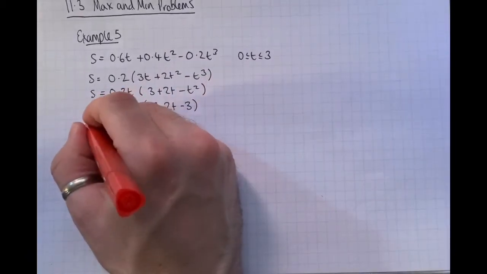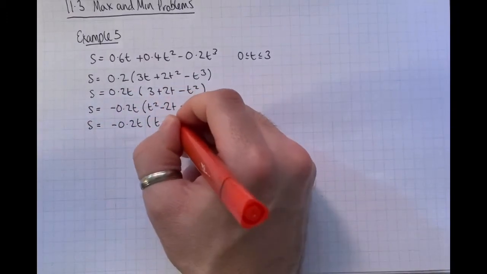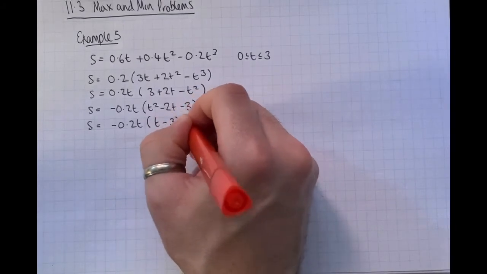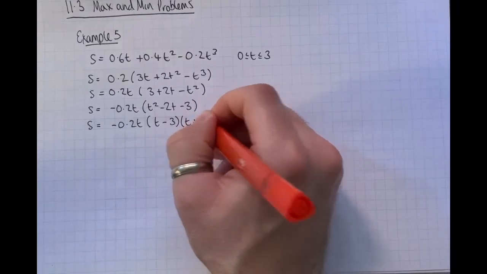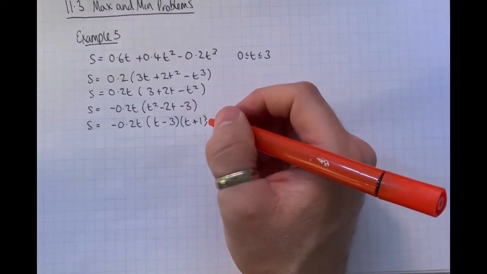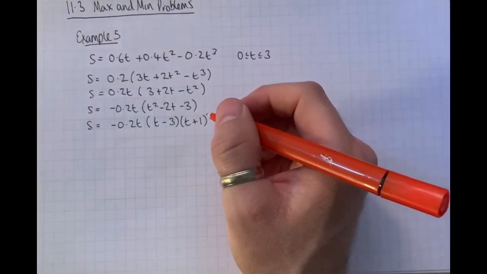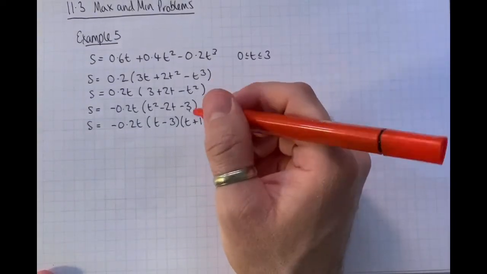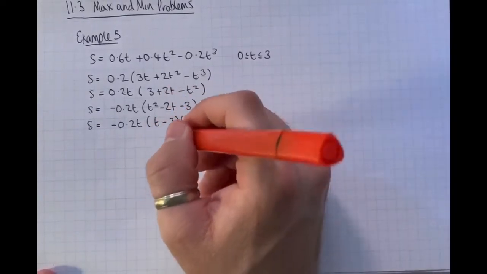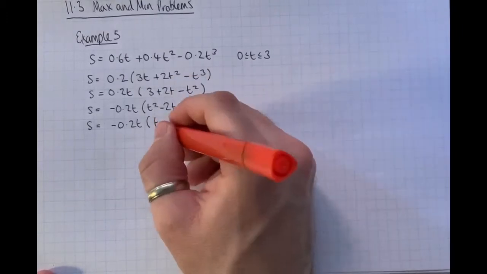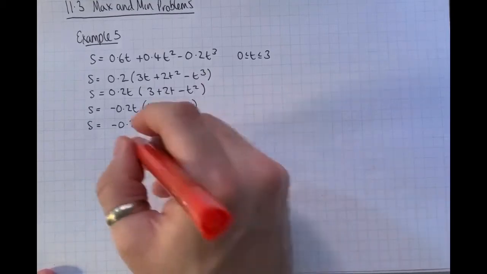That's going to be a little bit easier to factorise. That's t minus 3, t plus 1. So it's going to go through the axis at 3, minus 1 and at 0.